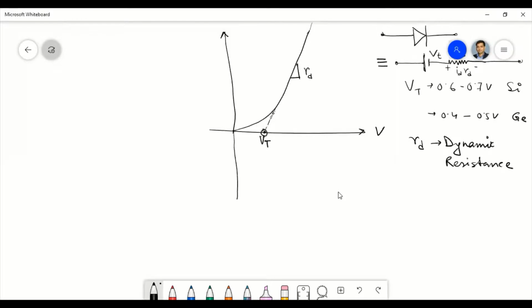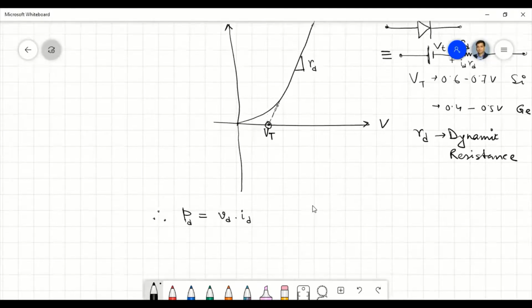Now we can also derive the power dissipated in the diode. Power is the multiplication of voltage and current. Whenever we write a small p, it is the instantaneous power.